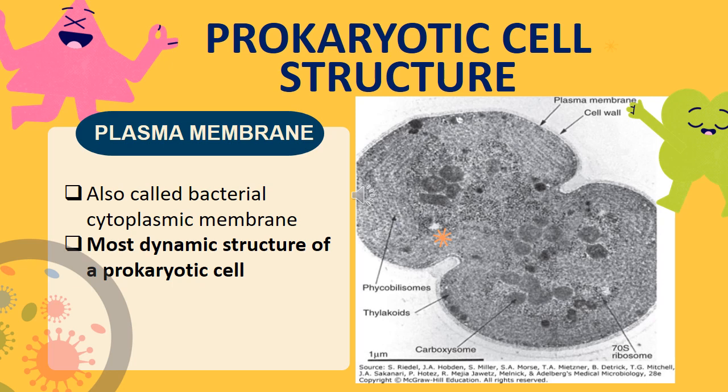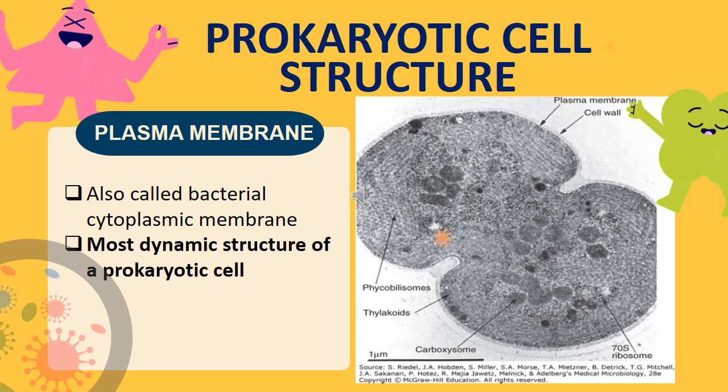Okay, remember, it contains phospholipids and 200 different proteins. Therefore, since there are 200 different proteins, approximately 70% of the mass of this membrane is proteins. Okay, remember that 70% of the mass of the membrane is proteins.